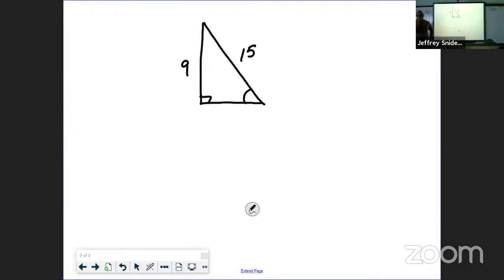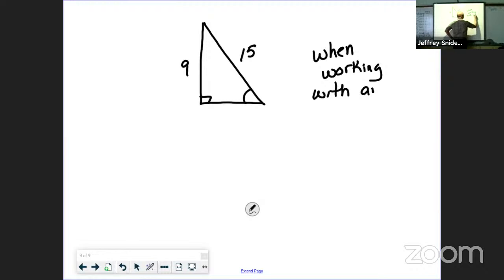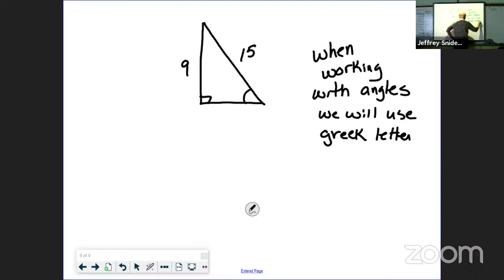I will tell you right now, get used to this. Okay, so usually for us in here, if I'm going to give an angle a variable, I'm going to give it a Greek letter variable.